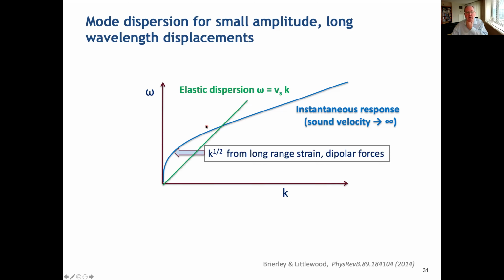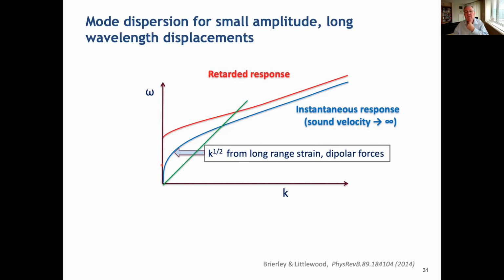But of course, some of this then exceeds the speed of sound. So the actual dispersion of the mode has some finite sound velocity, and therefore all of the modes here are trying to propagate faster than the velocity of sound, and they can't do that. And consequently, the retarded response produces a gap.